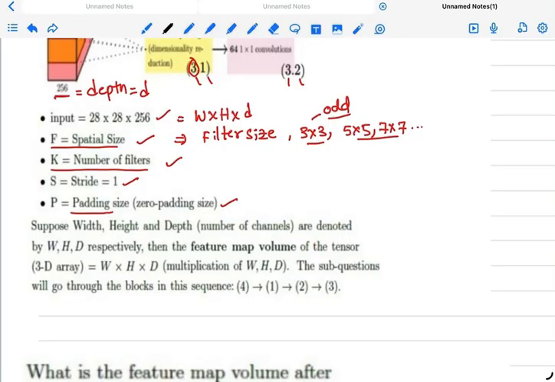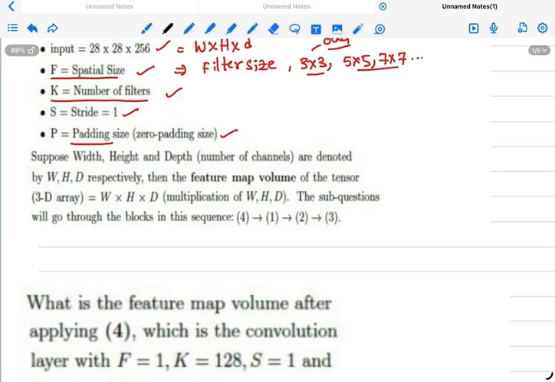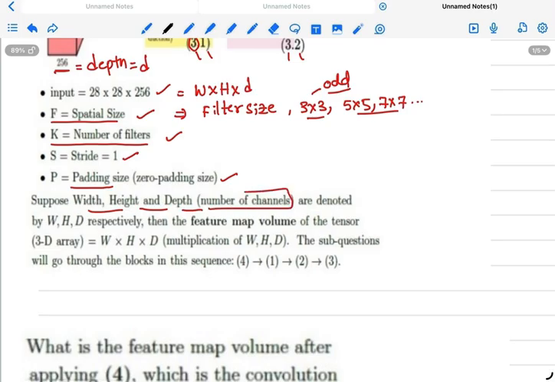There are different types of paddings, and one type is 0 padding. Width, height, and depth represent the number of channels. Here they mention depth represents the number of channels, so depth D equals 256.